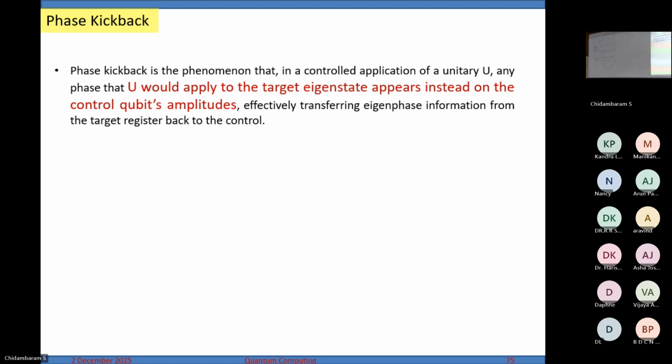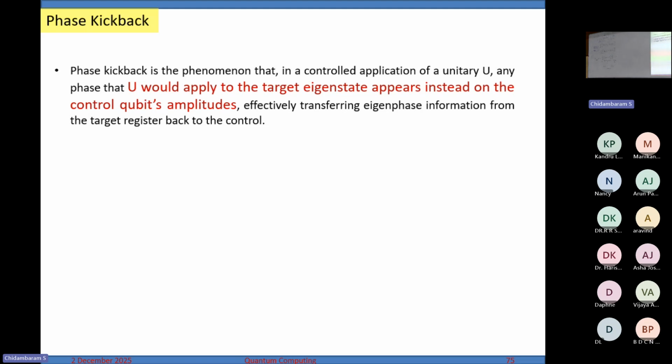Wherever your application demands phase kickback, such as the phase estimation I mentioned a few minutes back, or especially Simon's problem, where we talk about period finding, this would be used when the algorithms are built. So this is one aspect.